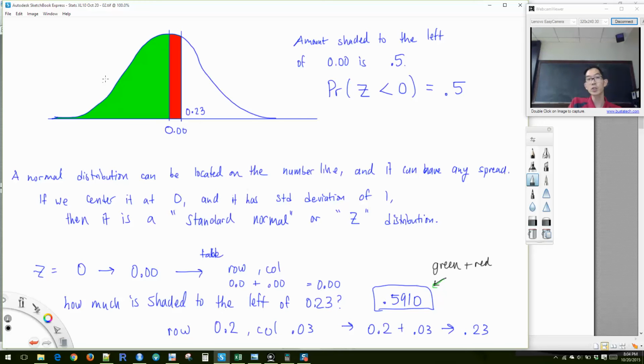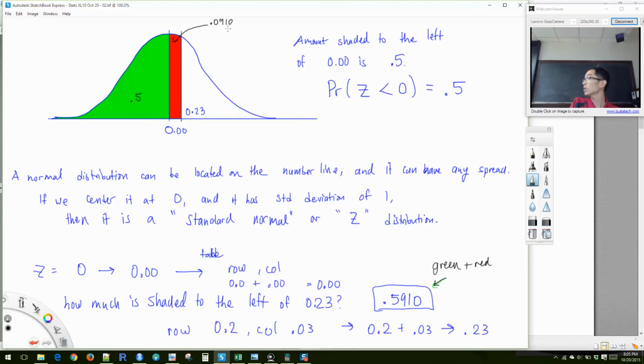How much is the green? 0.5, right? We established that back here. So how much is in the red? If the green plus the red add up to 0.5910, and the green is 0.5, then how much has to be in the red? 0.0910. So this part is 0.0910.